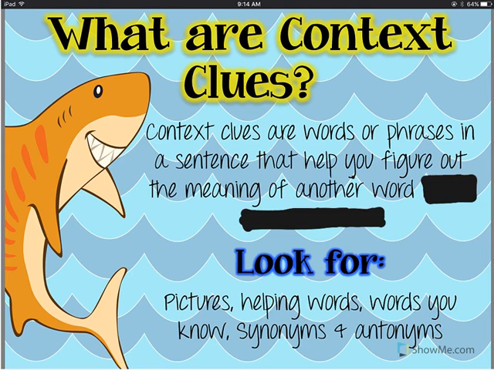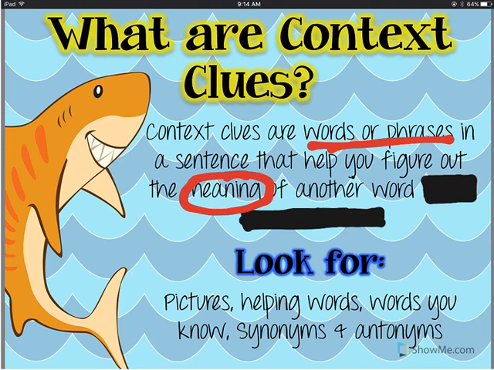So, just to review, what are context clues? Context clues are words or phrases in a sentence that help you figure out the meaning of another word. We've talked about how these clues aren't necessarily going to be in the same sentence, but they could be in the sentence before or the sentence after as well.